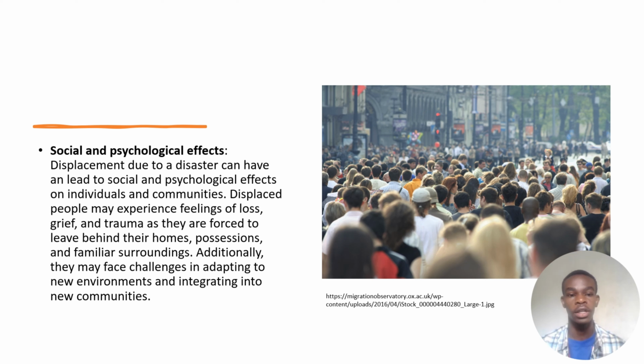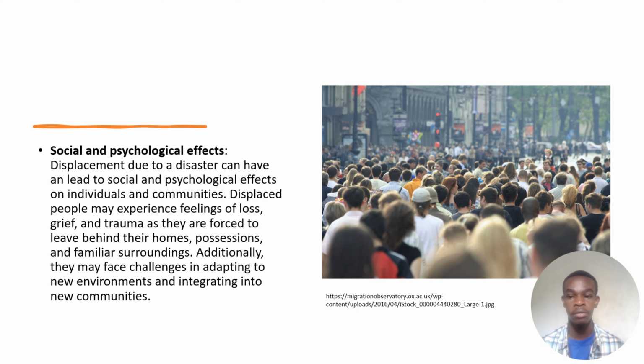Disaster migration can also have social and psychological effects. The displacement due to the disaster can lead to social and psychological effects on individuals and communities. Displaced people may experience feelings of loss, grief, and trauma as they are forced to leave behind their homes.